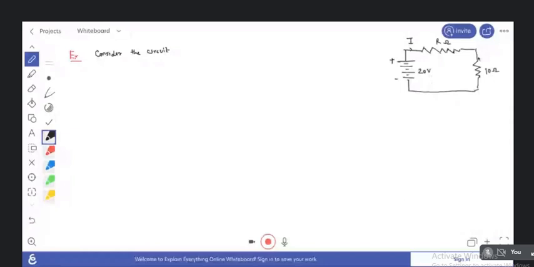Suppose this current is I in the circuit.